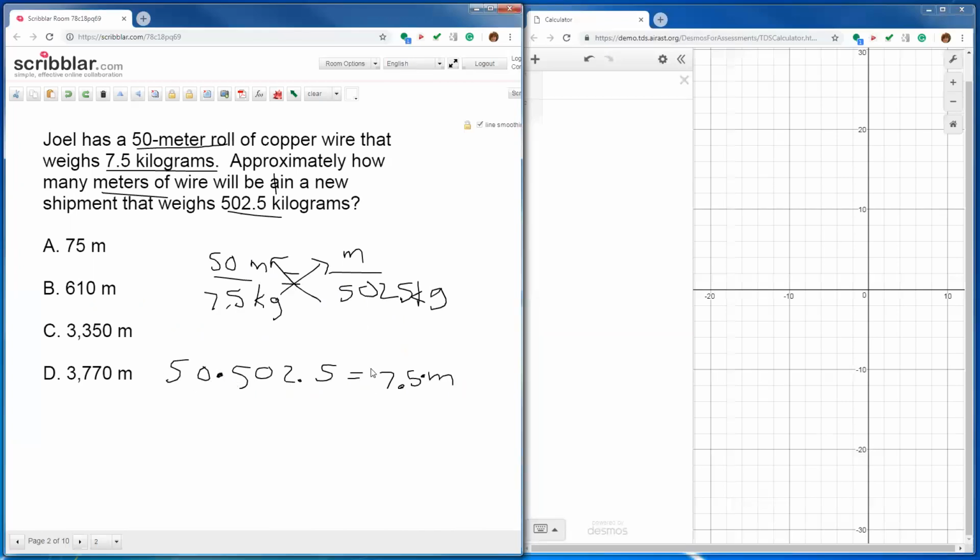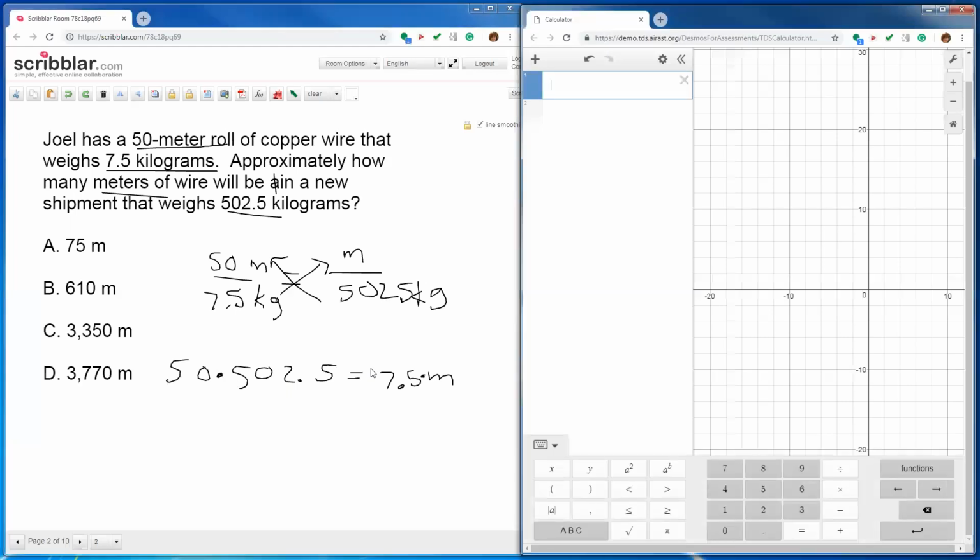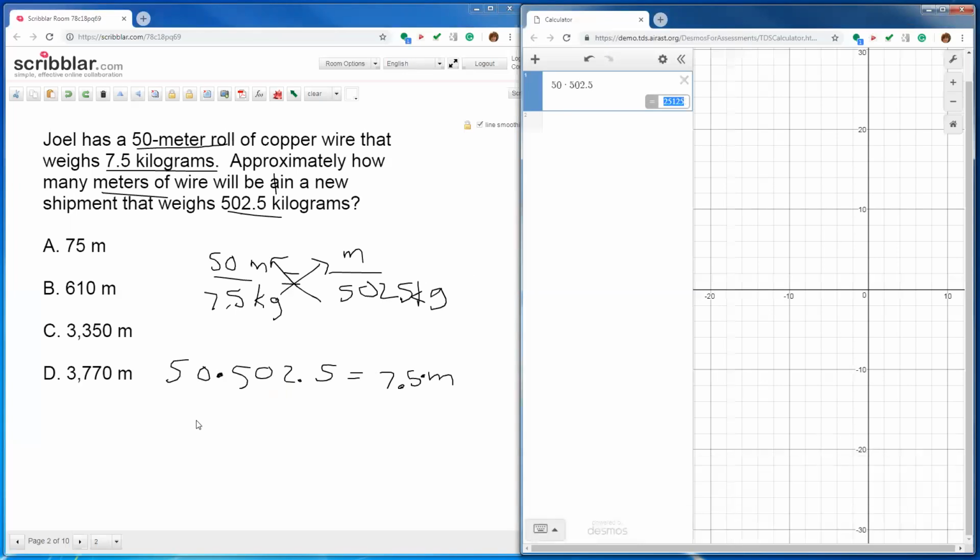So this is where a calculator comes into play. We don't know what 50 times 502.5 is. So we type it in. Notice that the multiply is the dot. They're not going to use the X multiply. It'll be the dot multiply. And then our answer is down in the corner again.